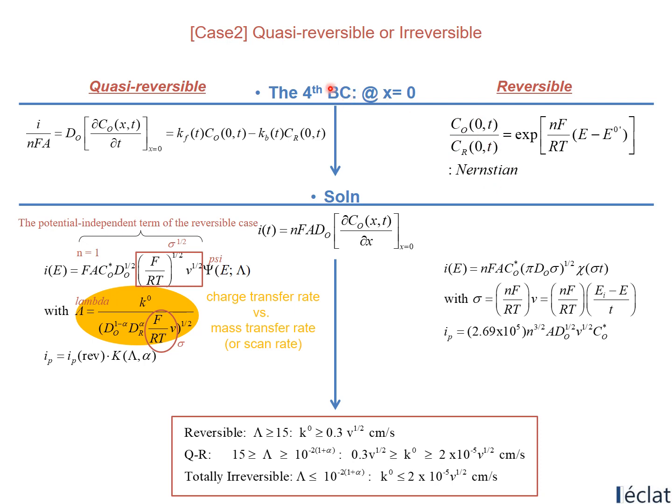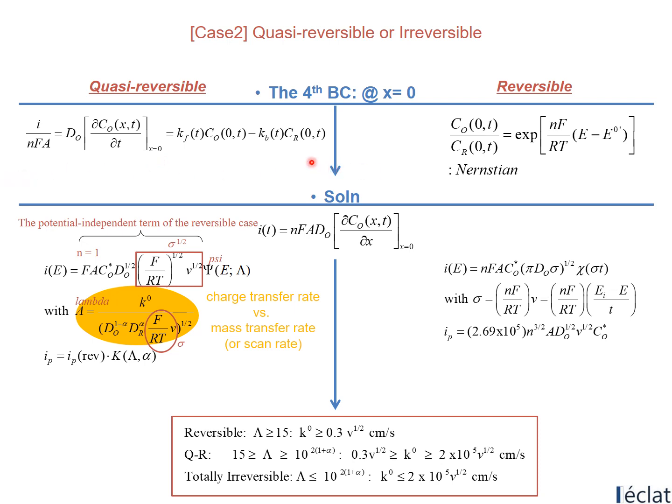Instead of the Nernst equation, the current at the interface is defined by the forward reaction rate with the concentration of reactants minus the backward reaction rate with the product concentration. This is the mass action law, which is always used for the kinetics of chemical reaction equations.